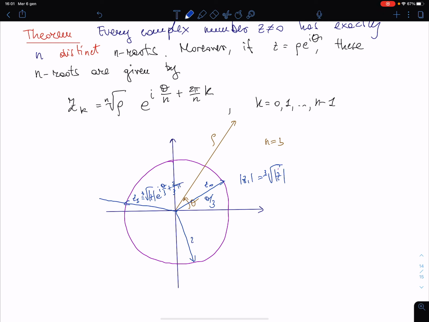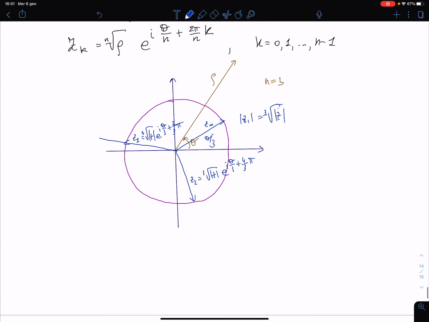And here this is zeta 2, which is endowed with the same modulus, e to the i theta over 3 plus 4/3 pi. Okay, this is the formula.